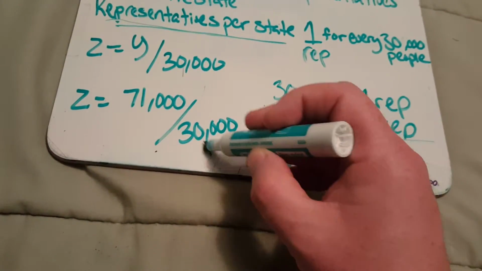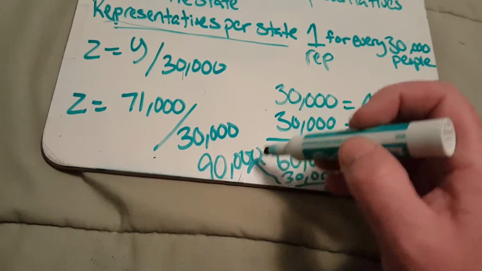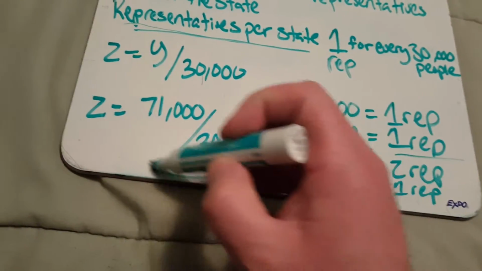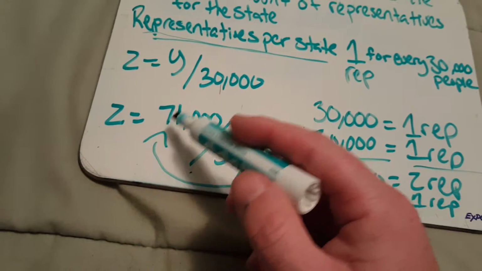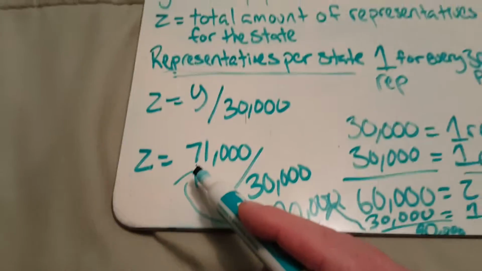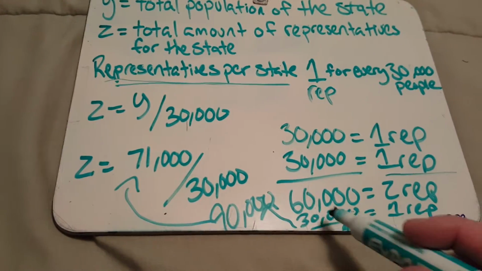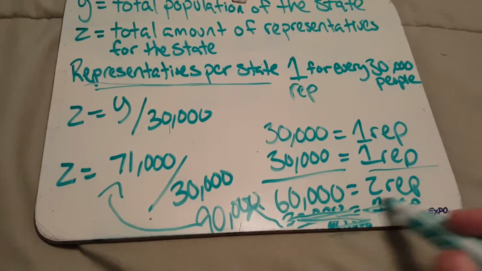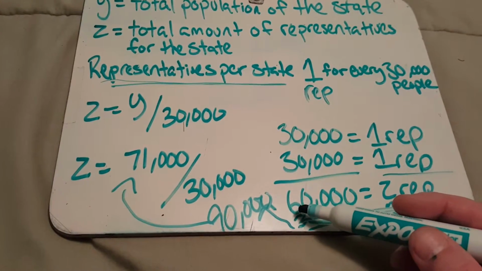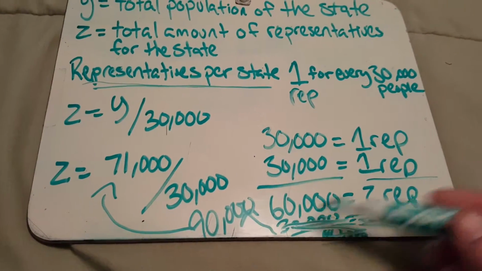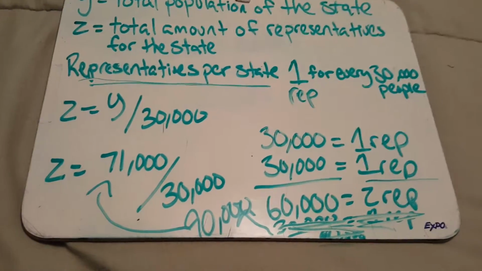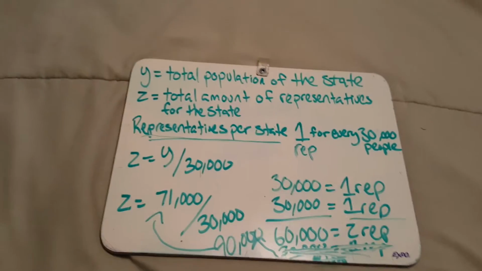So, we already know that 90,000 is definitely over the population of Georgia, which was 71,000. So, we can't do this last step. We can only go to 60,000. So, Georgia is going to have two representatives that will be sent to the House of Representatives.